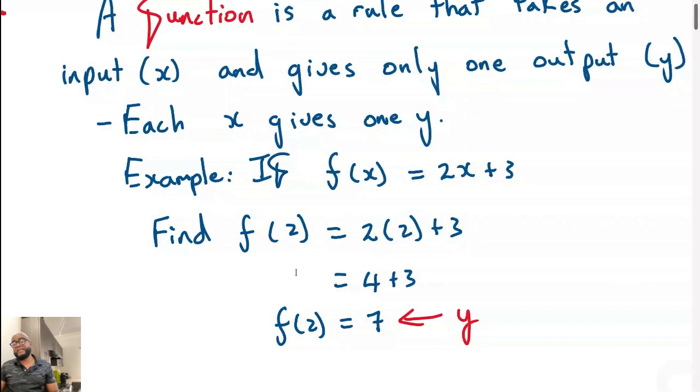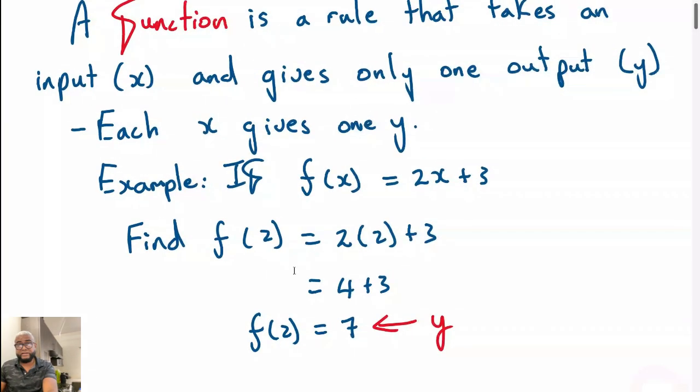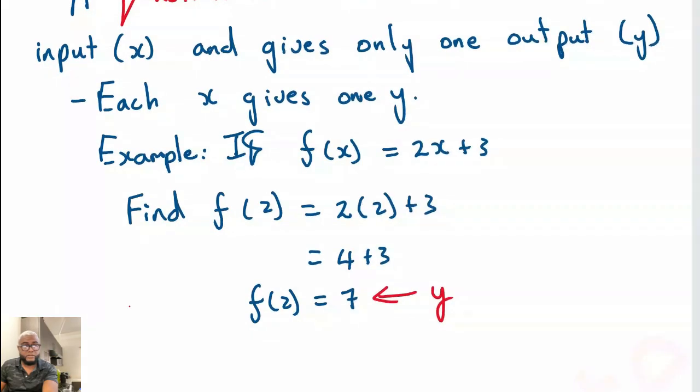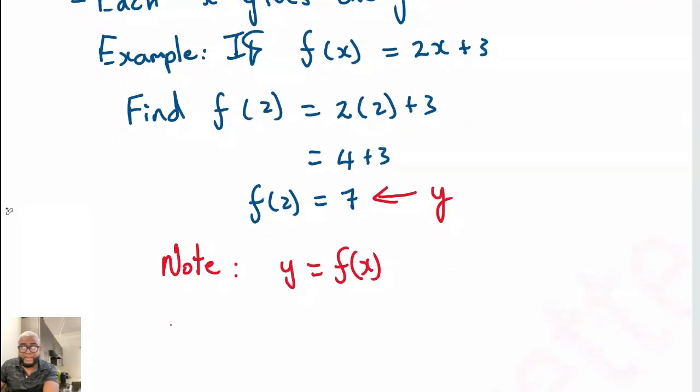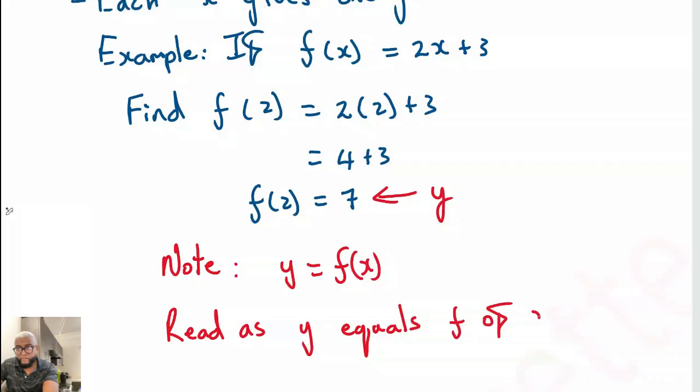Asking it again, is everybody clear? This is the simplest part of functions here, right? You input 2 into the rule and you get 7 as your output. So that's a little point to note. y is equal to f of x, and we must remember it is read as such, so I could put y equals f of x.